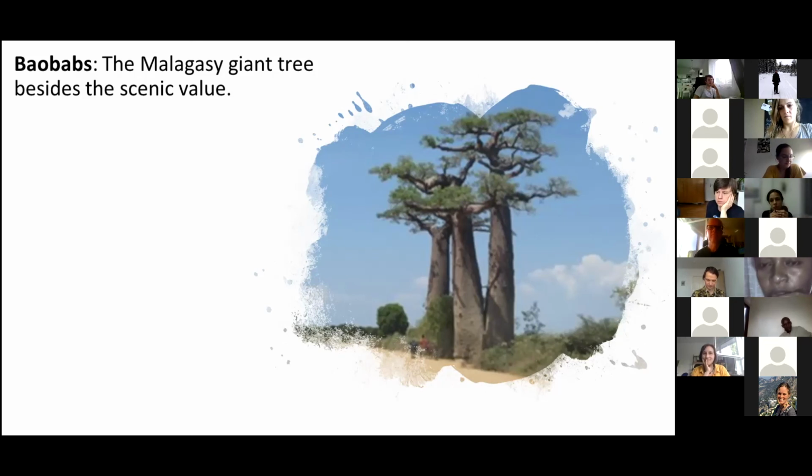But during this presentation, I will present you the ecological or biological structure of the baobabs, and a little bit on genetic study, which has already been done on the baobab, because I'm a botanist, not a geneticist.